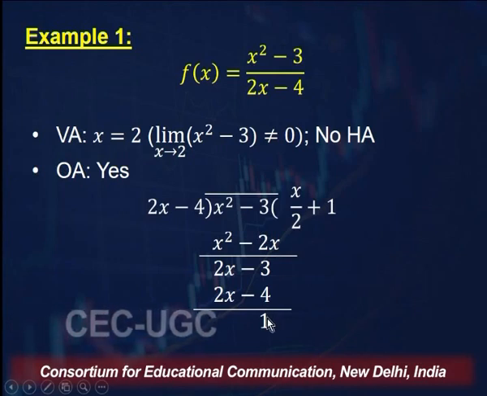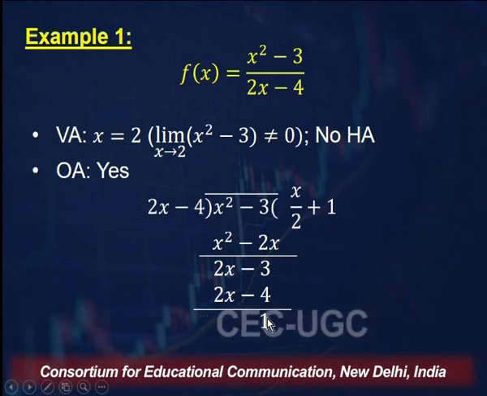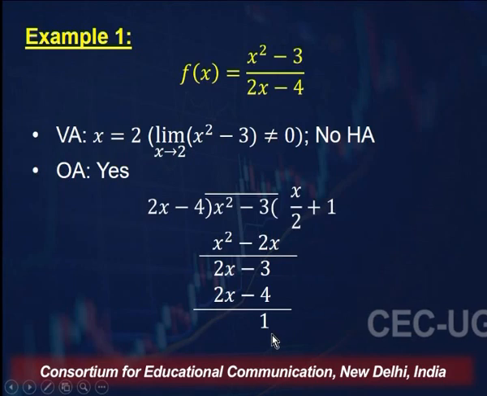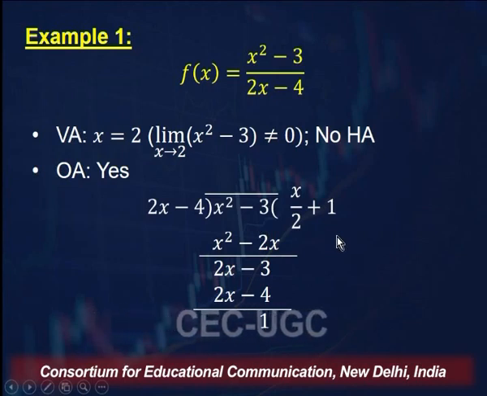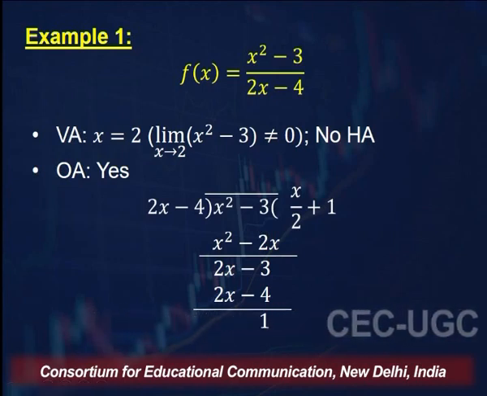So here the remainder is 1. The oblique asymptote in this case is x by 2 plus 1. Now note, while you're writing the answer, examine the existence of all three asymptotes.